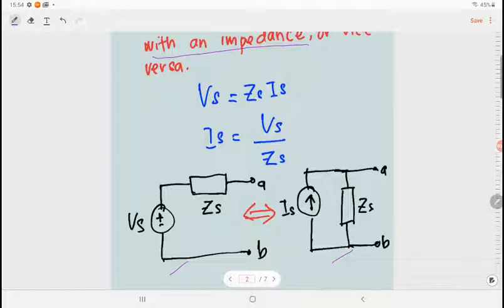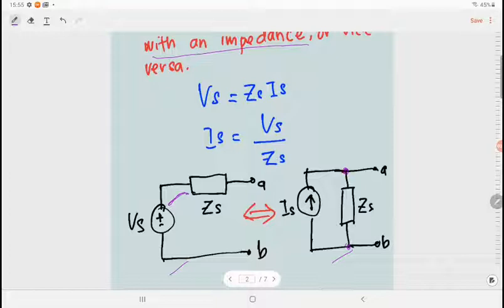You can transform a voltage source into a current source and vice versa, but you must follow this rule: for a voltage source to be transformed into a current source, the impedance must be in series, and for a current source to be transformed into a voltage source, the impedance must be in parallel with the current source.